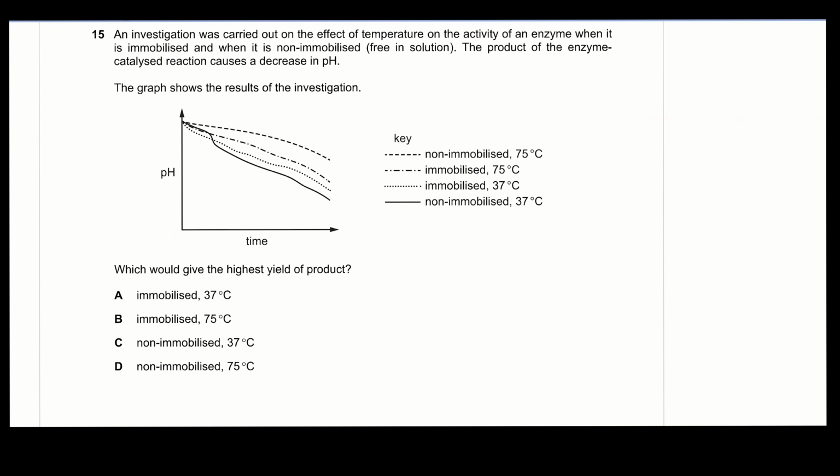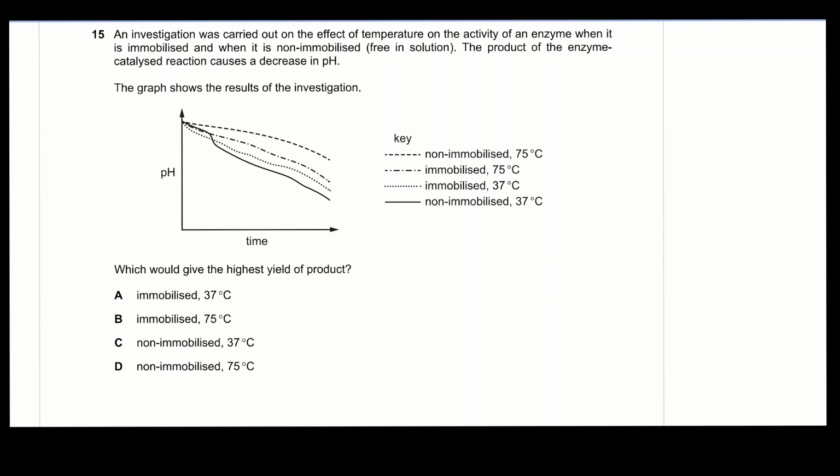An investigation was carried out on the effect of temperature on the activity of an enzyme when it's immobilized and when it's non-immobilized, aka free in solution. The product of the enzyme-catalyzed reaction causes a decrease in pH. The graph shows the results of the investigation.